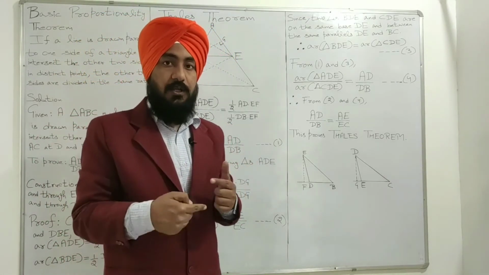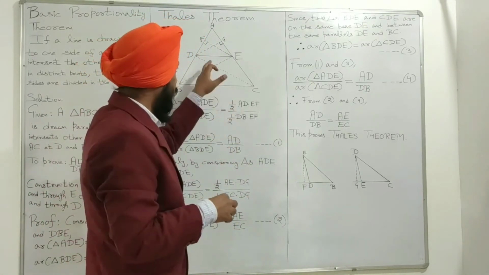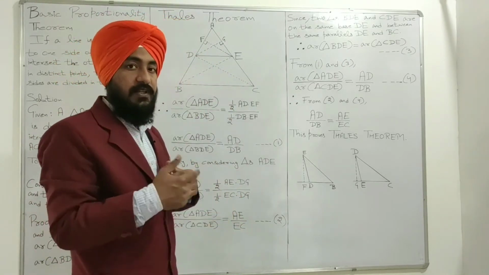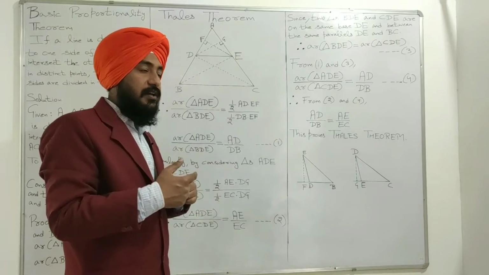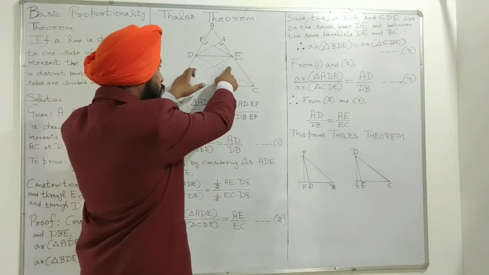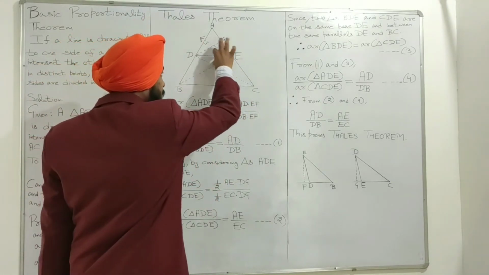And what is that property? If two triangles have the same base DE and are in between the same parallel lines DE and BC.